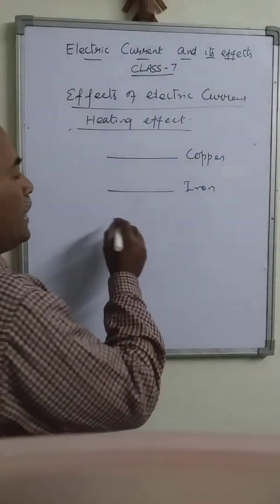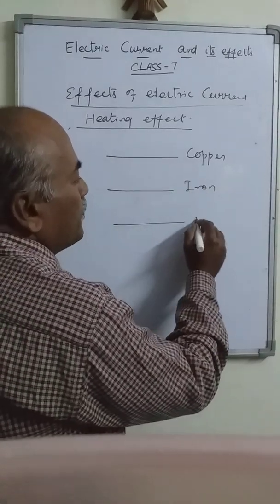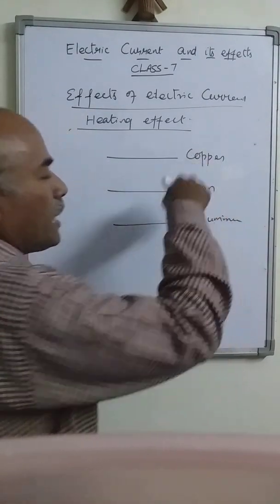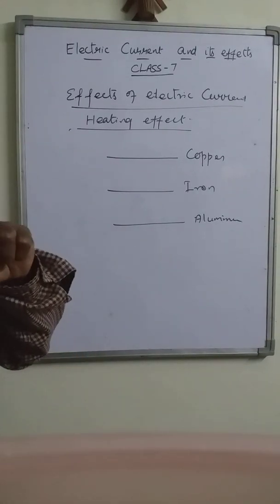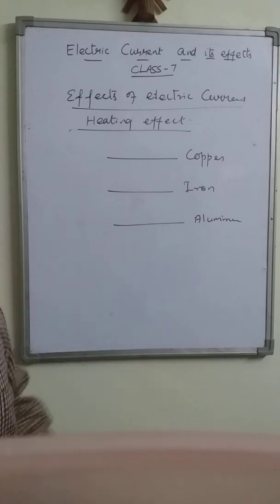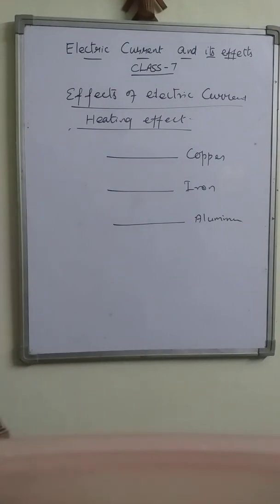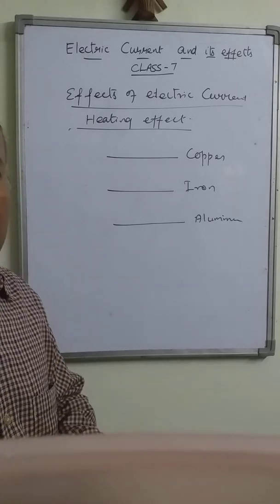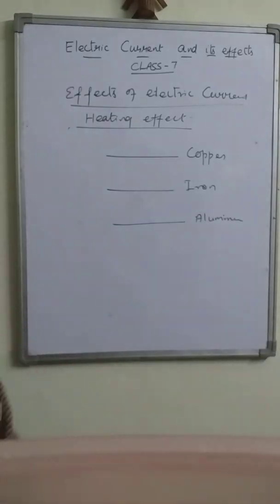Right? Another wire, it may be aluminium. All the wires are having different nature. When we pass current through them, all wires may produce heat. Definitely they produce heat. Even the heat may be small, but the heat will be produced.